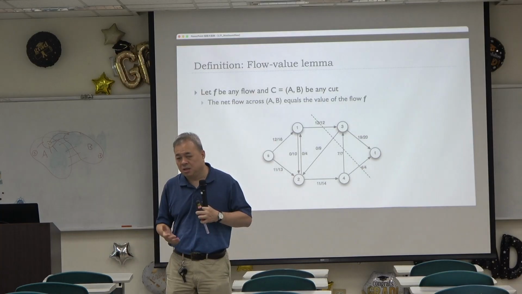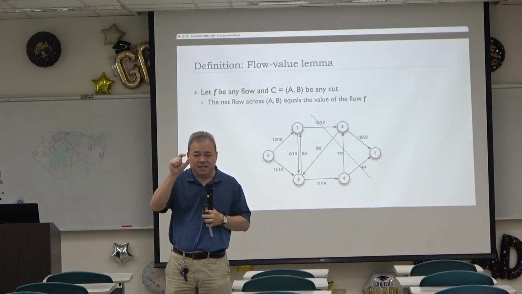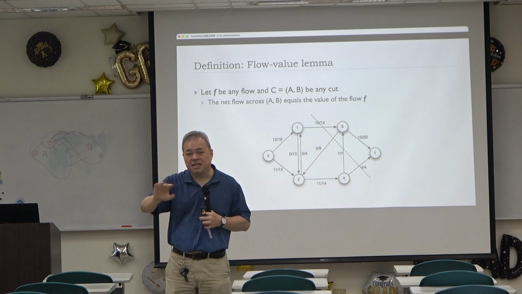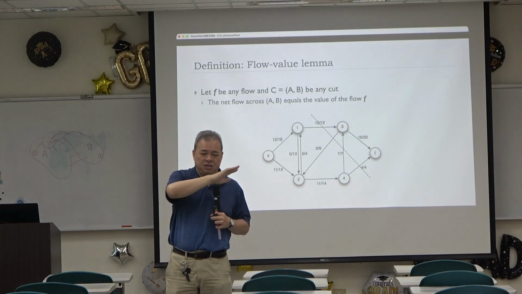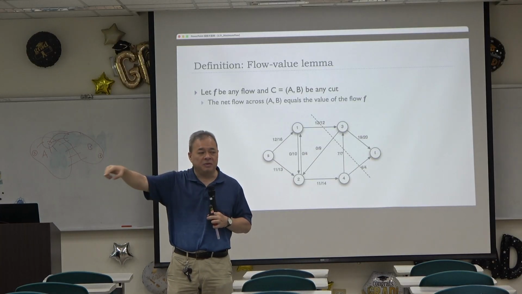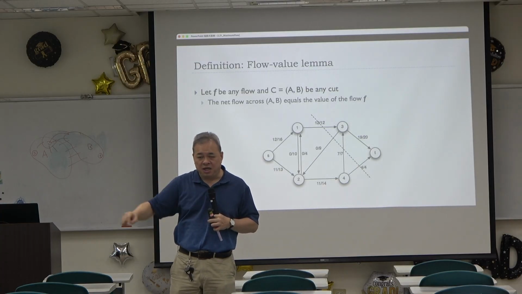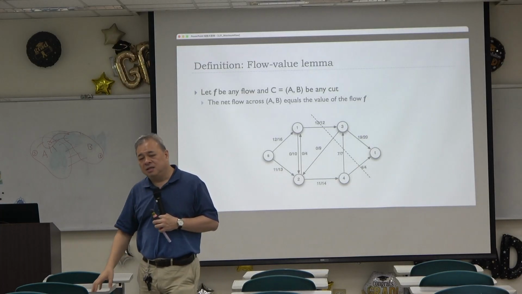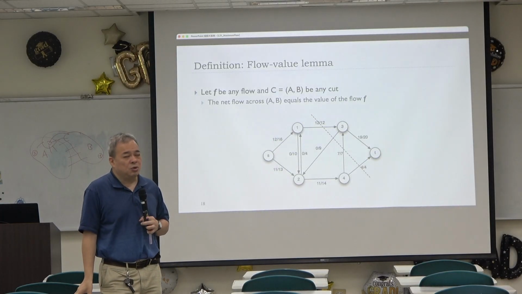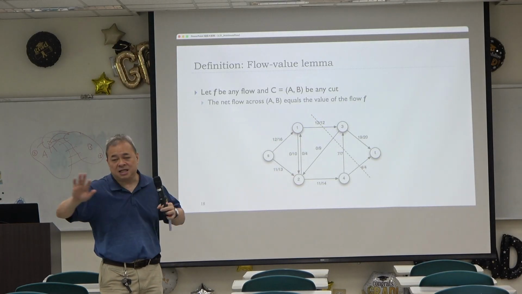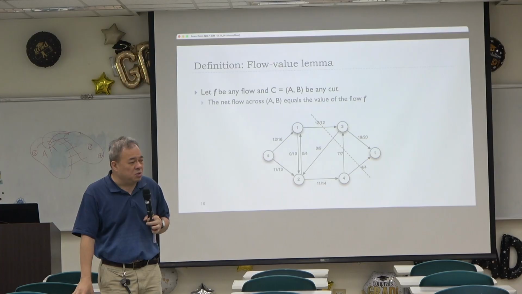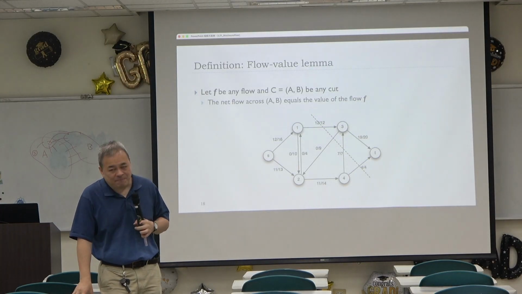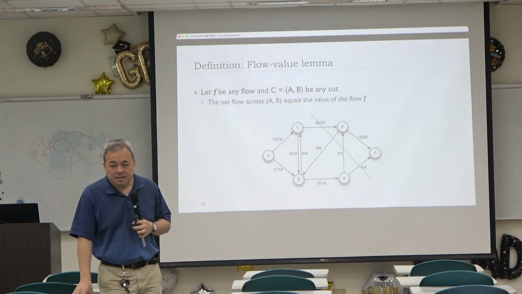After you assign a flow, I'm not saying at the end, I'm saying anytime during the process of finding augmentation paths, for any node that is not the source and not the sink, any other node, the incoming flow and outgoing flow have to be the same, right? The incoming flow and outgoing flow have to be the same.